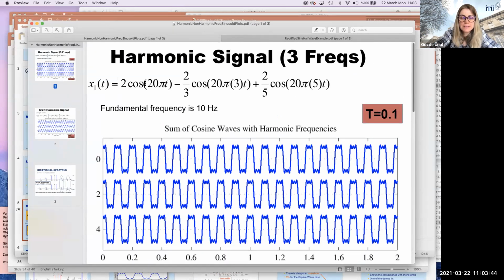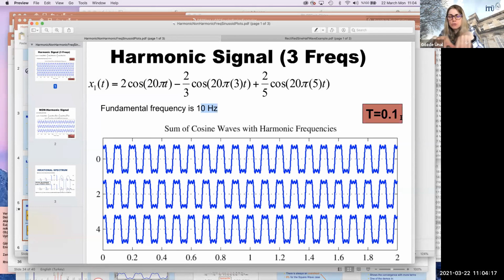So look at this frequency here. I see a 20 pi, so 10 hertz, right? I see a 30 hertz and 50 hertz. Fundamental frequency, as I wrote here, is 10 hertz, right? Because this signal X of t is a combination of 3 sinusoids, and they are all multiples of 10 hertz. I'm expecting a fundamental period of 0.1 seconds.